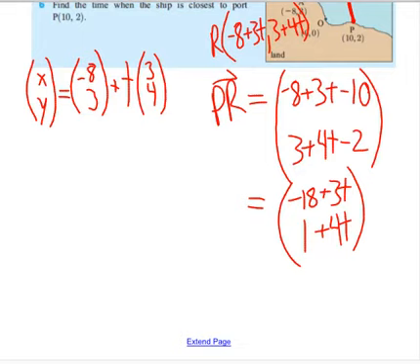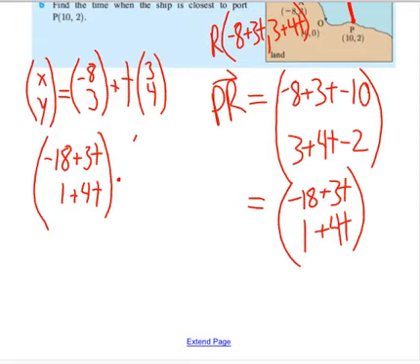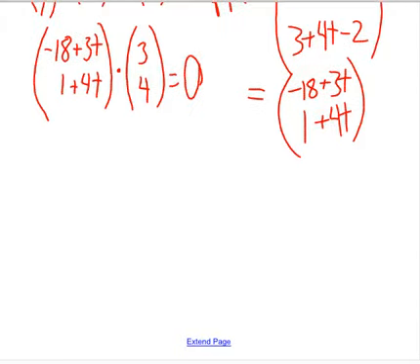And we want to dot that with what other vector? (3, 4). So, (negative 18 plus 3t, 1 plus 4t) dotted with (3, 4). We want to force that to equal 0, so we're going to solve for t.